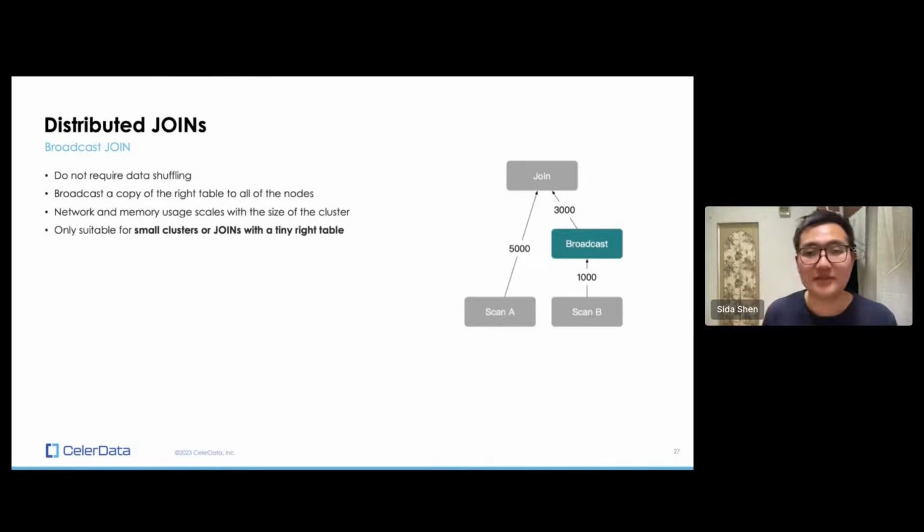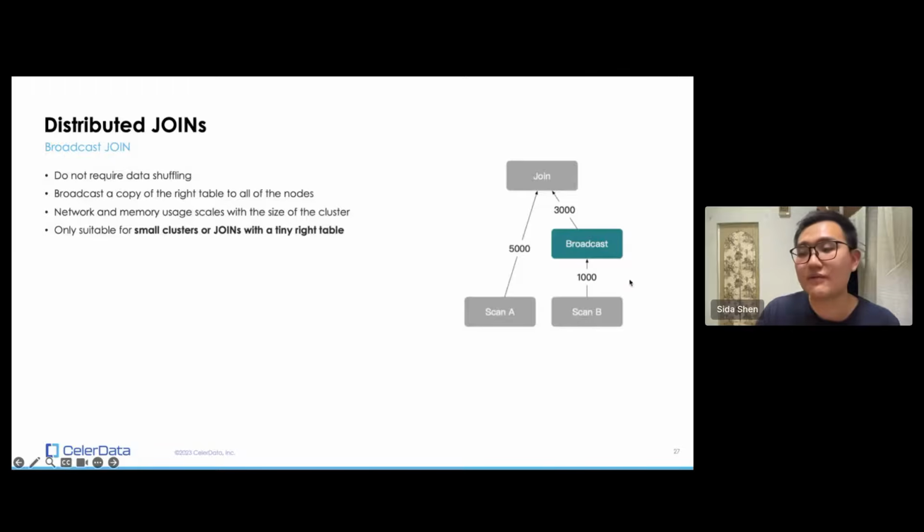The second one is a distributed join called broadcast join. It also does not require data shuffling, but it has many shortcomings. Assume you have a left table that's a bigger table, and a right table that's a smaller table. It broadcasts a copy of the smaller table to all of your worker nodes.